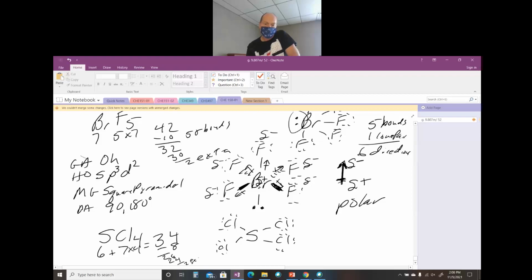Again, we have 2 extra. Anytime you have extra electrons, they go on the central atom. All right, and so we do our bonds. There are 4 bonding directions, and there's 1 lone pair on our central atom. And so we have 5 directions on the central atom.